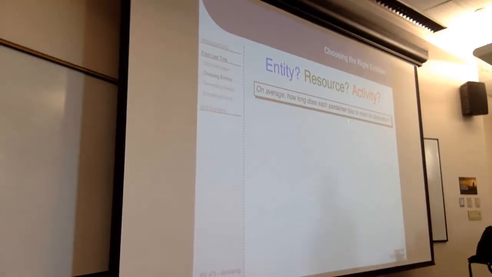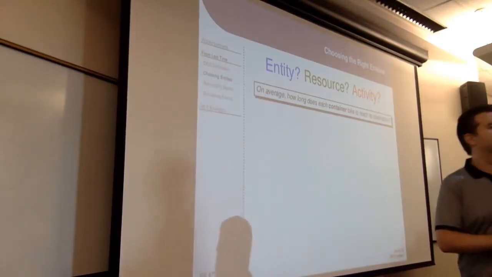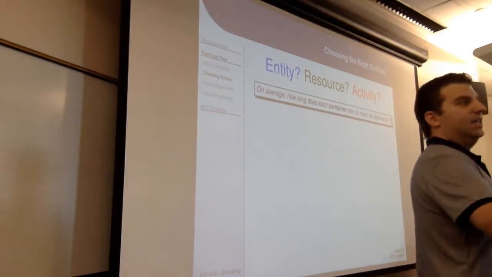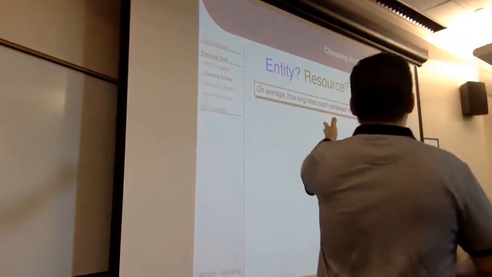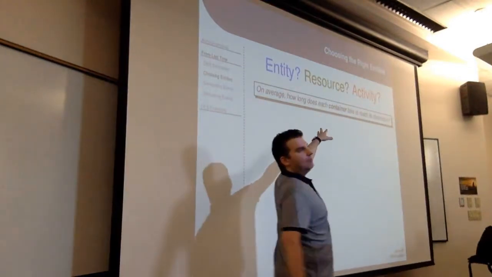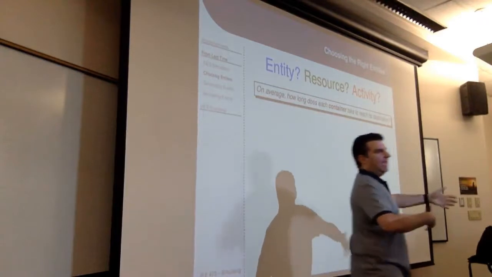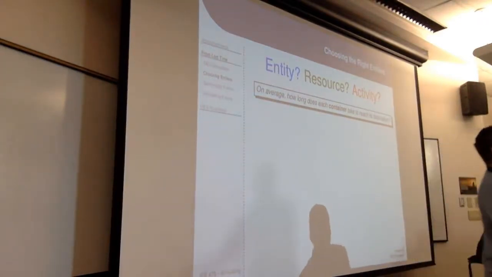Containers, right? So containers are probably the entity. Why are containers the entity? Because you're concerned about the state in which they are in the system. I'm focused on the containers, and also the containers are these anonymous things that show up, they get delayed, and then they leave. And I'm interested in the generic container, how long does it take?